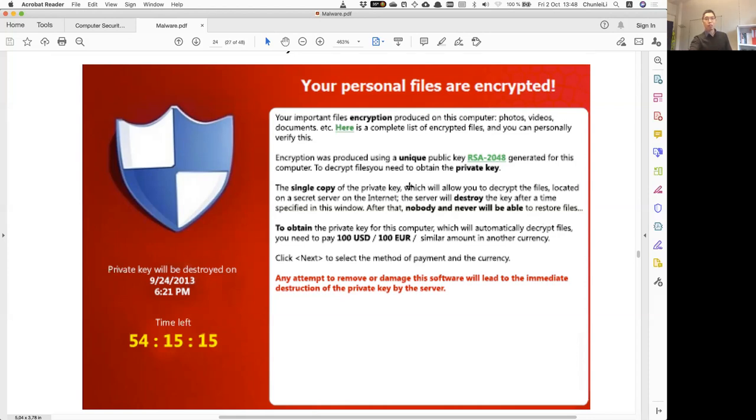So they may list, okay, here's the private key for your first file, and all the other private keys are stored somewhere, and then you need to pay for them. Here, any attempt to remove or damage this software will lead to immediate destruction of the private key stored by the server.